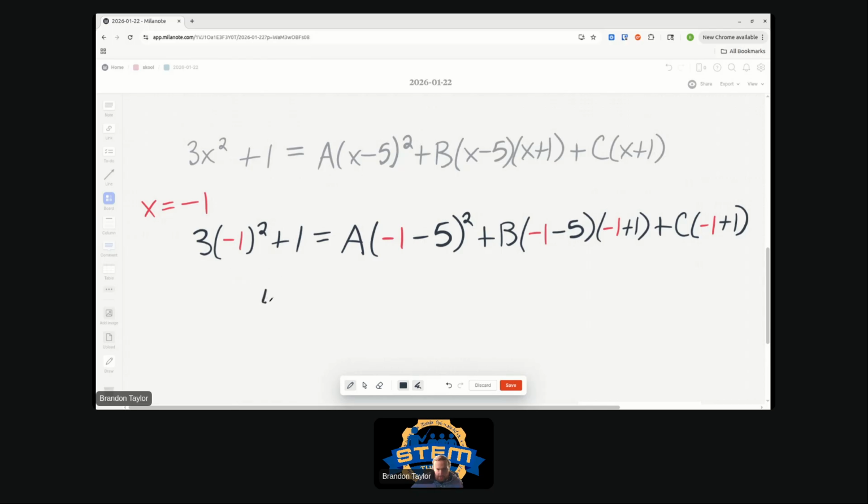And then what do we get? We get a 4, right? And then we get -6 squared, positive 36, so 36A. And hopefully it's clear. That's 0, and that's 0. That was the whole reason we chose that x value.